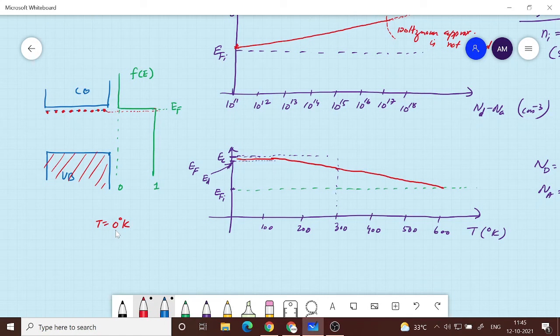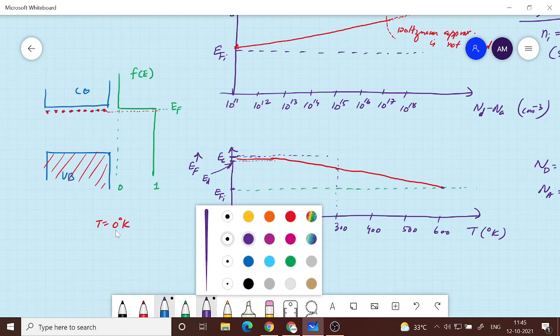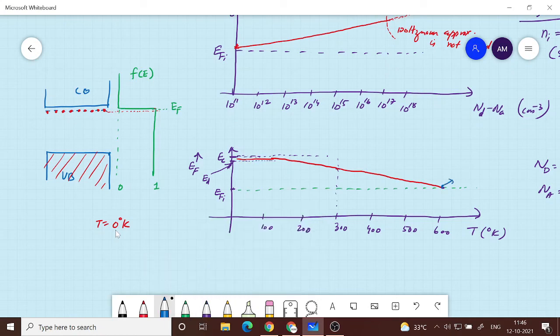So that is why I am showing EF on the y-axis for this graph with respect to temperature. It will become intrinsic at some high temperature where our Ni becomes comparable. So at this point, N0 is almost equal to Ni, because Ni has become so much larger that the value of N0 is entirely determined by Ni, not by Nd.